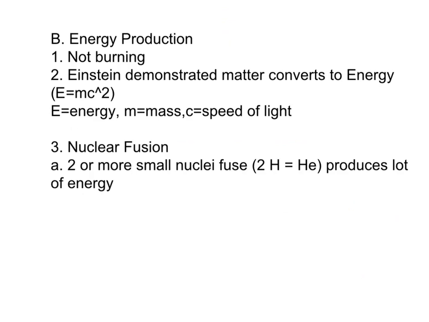This process produces a great deal of energy. Now, during this process, some energy is actually released, and we call that energy a photon. This is ultimately what will travel, what we'll be able to see and what we will be able to use here on Earth.